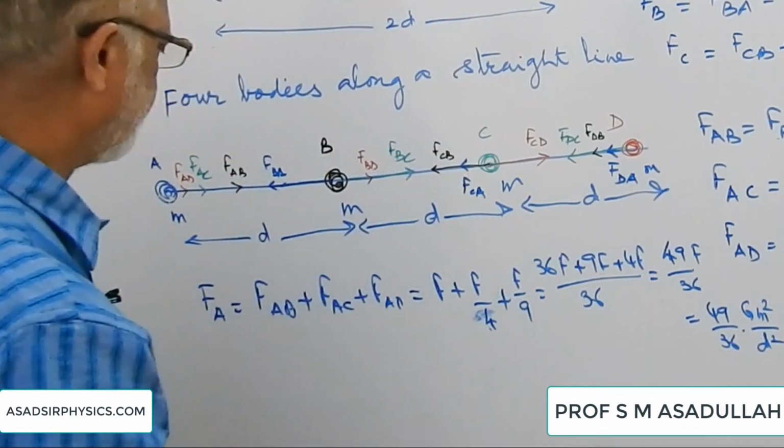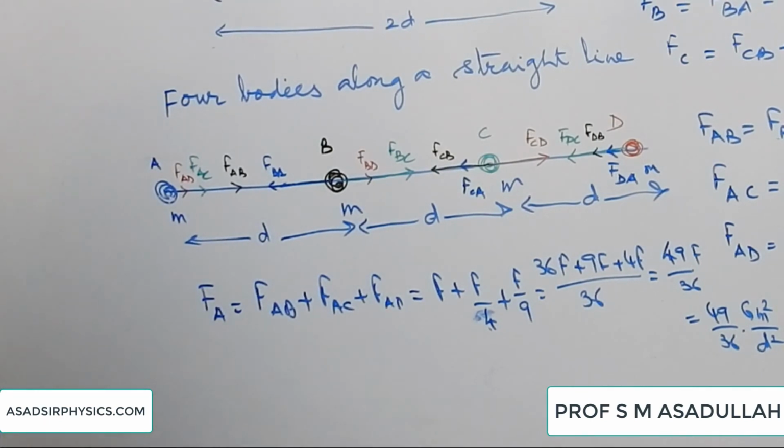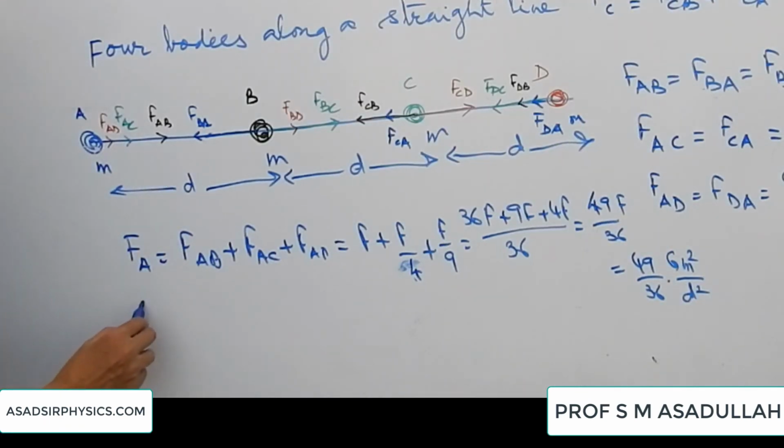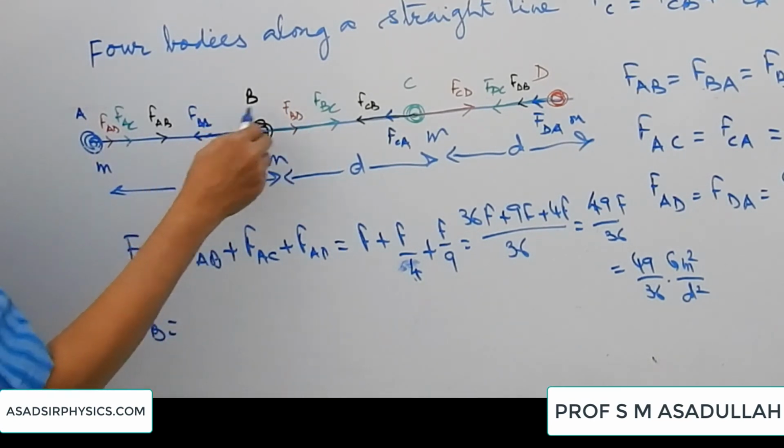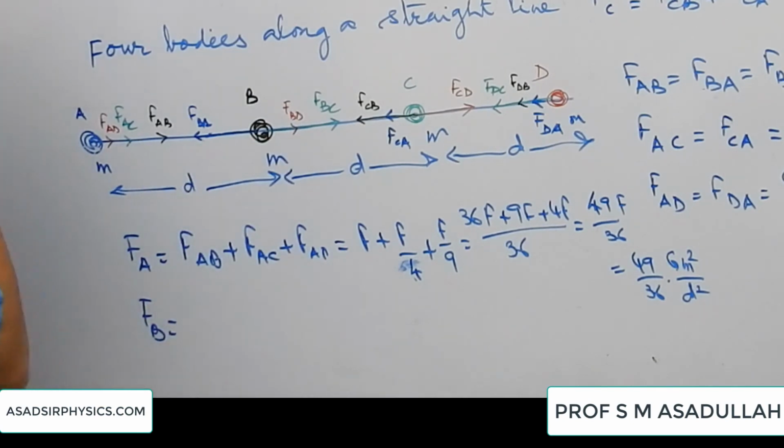Now let us consider force on B. Force on B is due to the resultant force of three other bodies. Here FBA and FBC, they are equal and opposite. Okay, I'll write it.